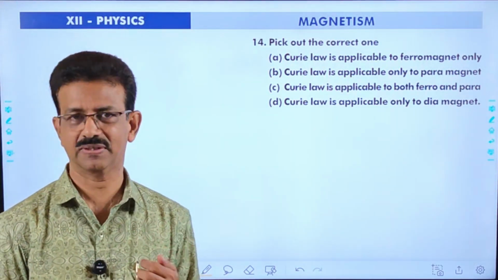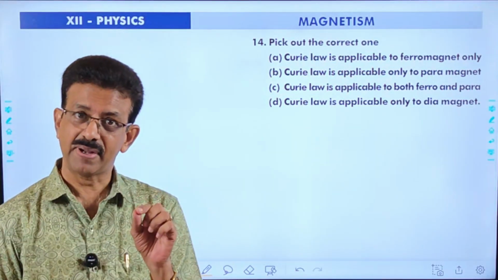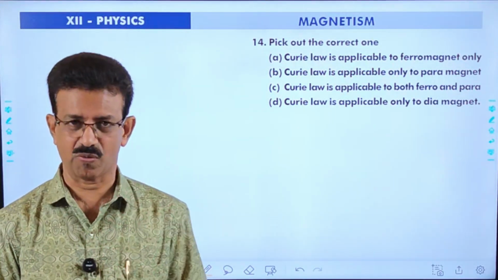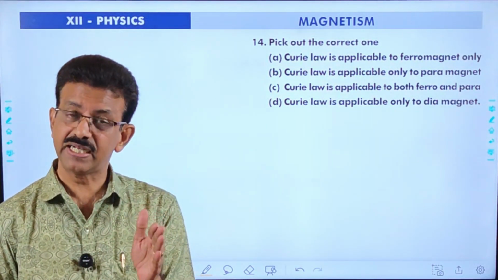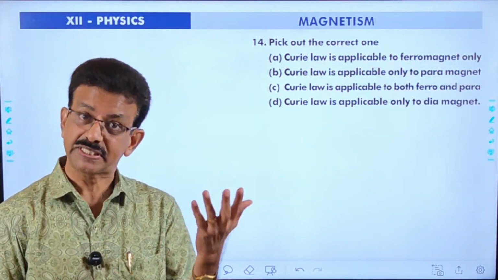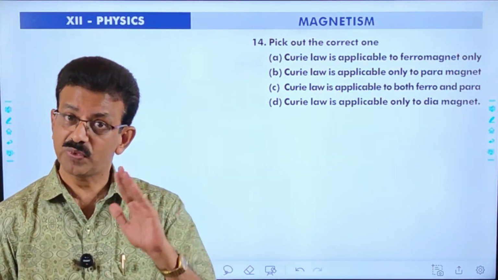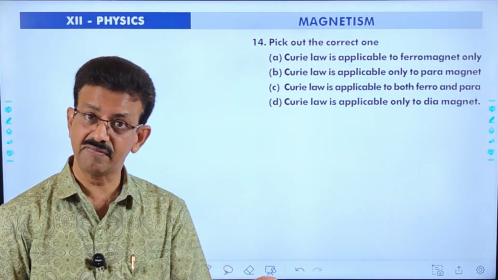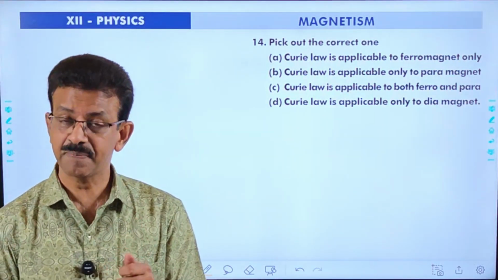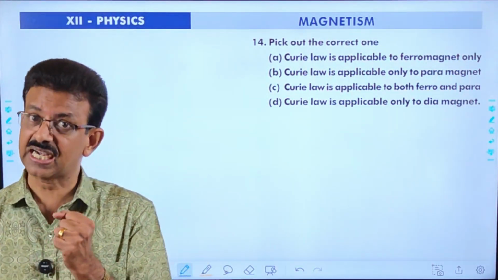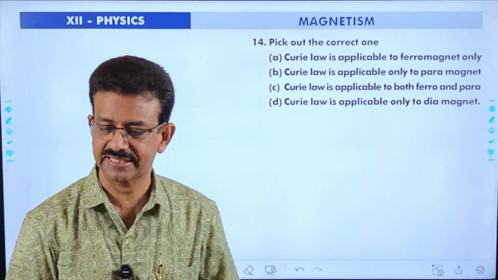What is Curie law? For a paramagnet, I will say something about para and ferro. A ferromagnetic material means which can be very easily magnetized, which can act as a permanent magnet even in the absence of an external field, and which is strongly attracted towards a region of magnetization.